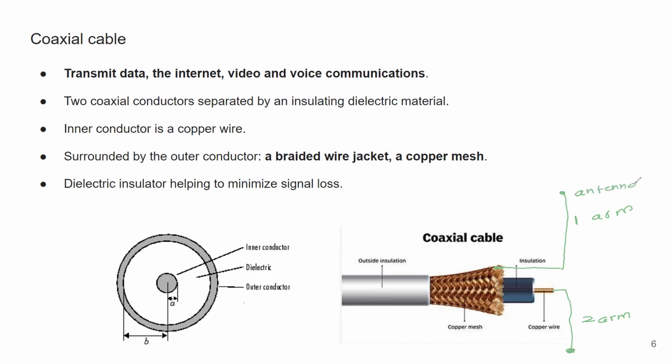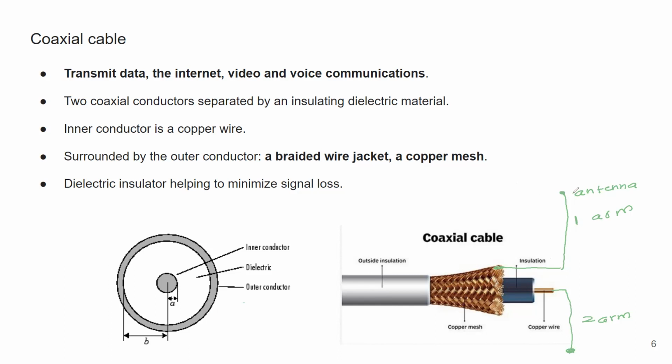So we can have an antenna with two arms like this, and we can connect the antenna to the power cable or the supply cable, which is the coaxial cable. That is basically how transmission lines are connected to a certain load, certain equipment.